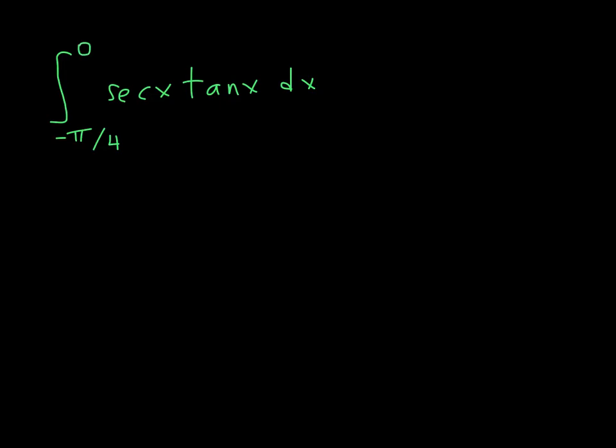So again, what we want to do is find an antiderivative for secant of x tangent x. In other words, find a function whose derivative gives you secant of x tangent of x. Again, I can write it like this if it helps.